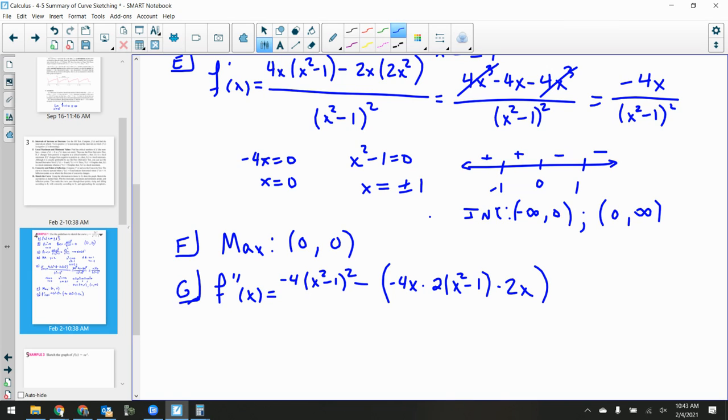I take the power off, put it in front, 2 times the inside, x squared minus 1, and then kick it down to the first power. That's what you see here. And then I take the derivative of the inside piece, which is just 2x. That's why you see that 2x sitting out there on the end. Now this is all over x squared minus 1 to the 4th, because it's x squared minus 1 squared, squared.